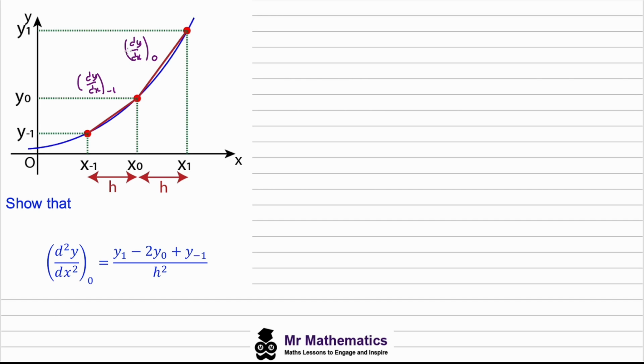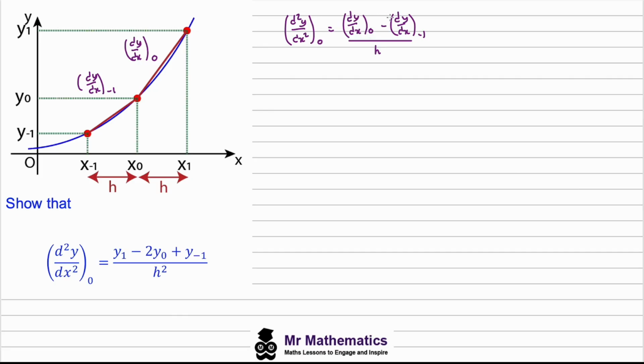So to find the difference between these two gradients, we have d squared y over dx squared at the point x0. This will be dy by dx at the point x0 minus dy by dx at the previous x value, x -1. This is divided by the change in x, which we've been told here is h.